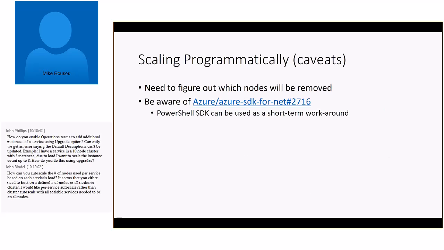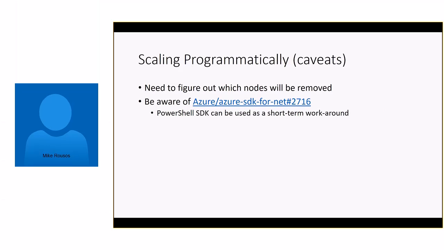The issue was that the Fluent Compute Library, when it added instances to a scale set, was losing protected settings in the ARM template. That's where we keep things like joining the Service Fabric cluster, which were very important settings to have. So as a workaround, you can use the PowerShell SDK, and my documentation goes over what that looks like if you need to do this in the very near term.